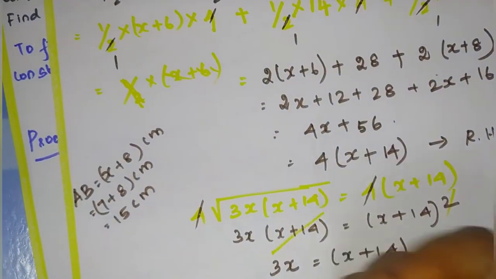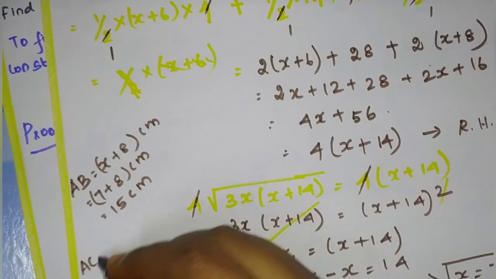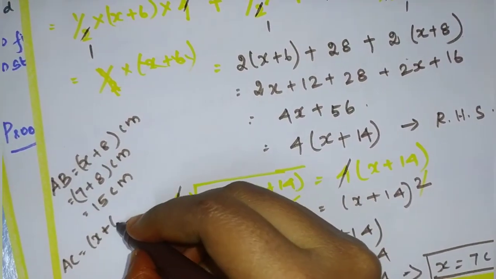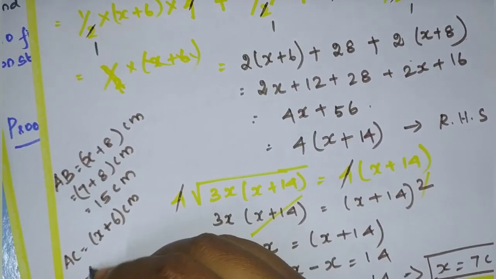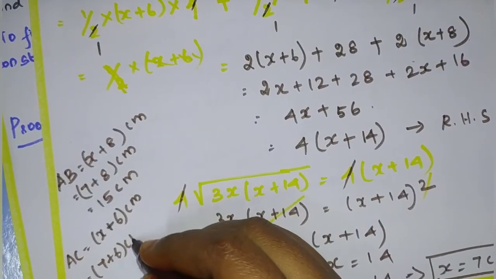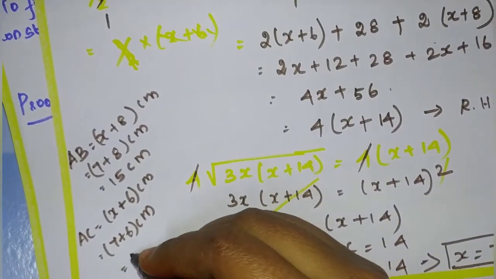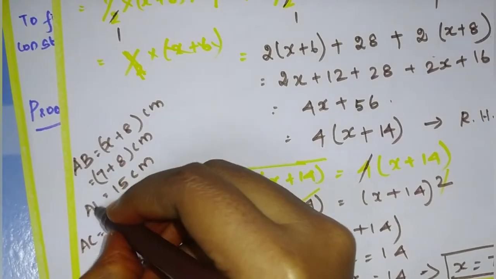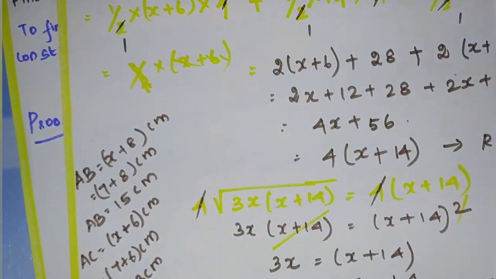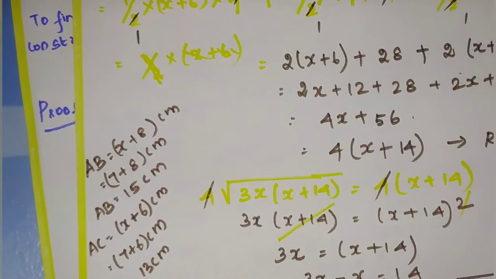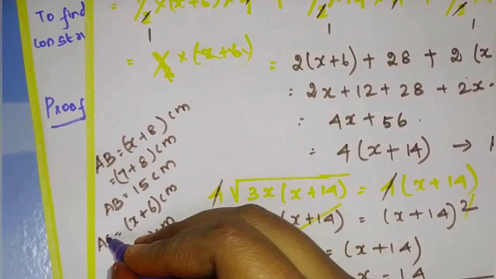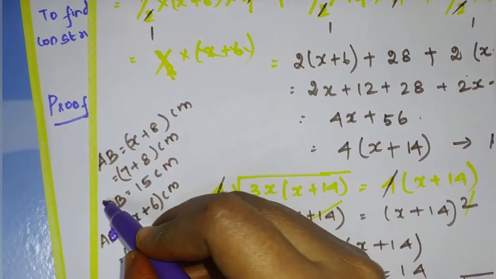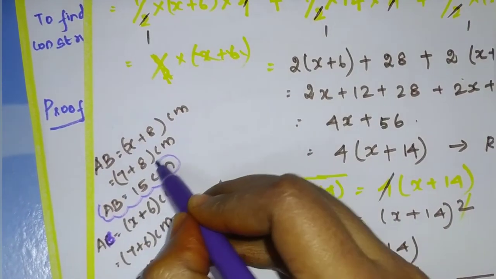AB is equal to 15 centimeter. Then AC is equal to x plus 6 centimeter. Then 7 plus 6 centimeter is equal to 13 centimeter. AC is equal to 13 centimeter. Sorry, this is AC only. AB is equal to 15 centimeter.